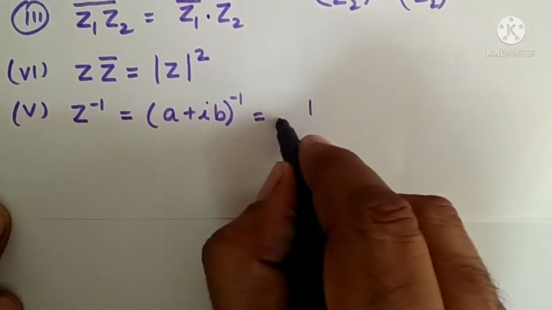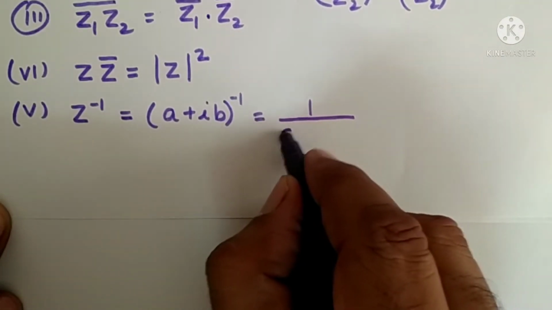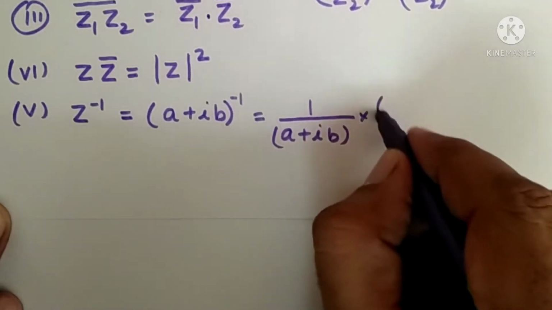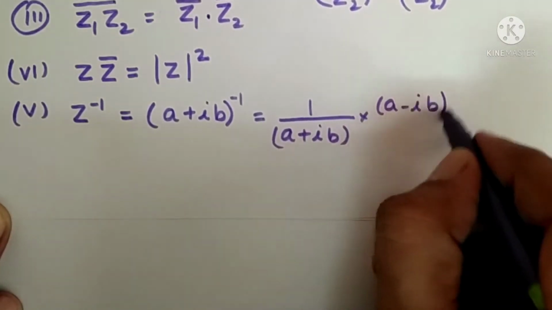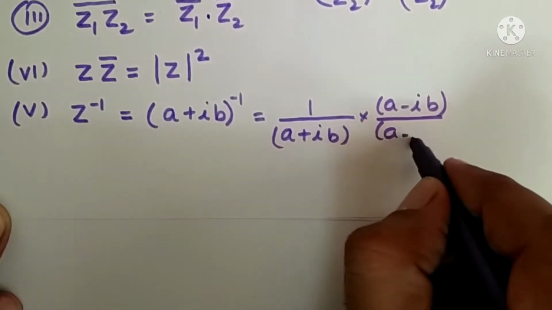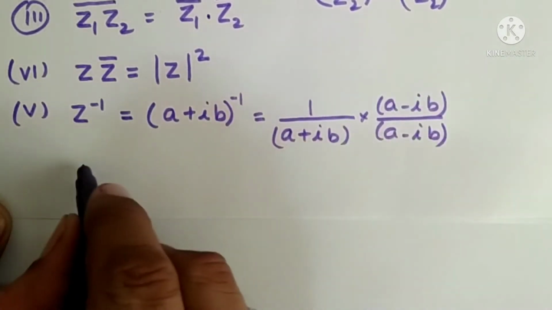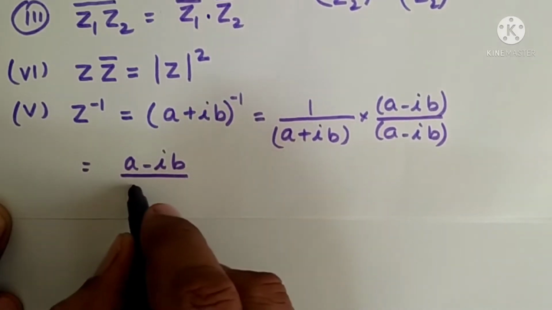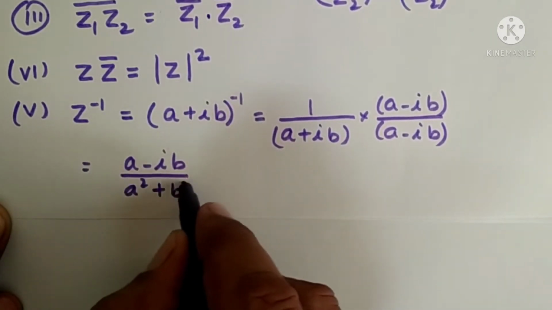This will be equal to 1 upon a plus iota b, and we multiply by a minus iota b and divide by a minus iota b. We will get here a minus iota b upon a square plus b square.